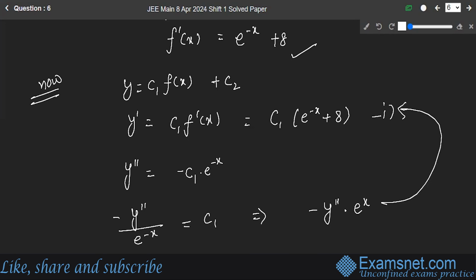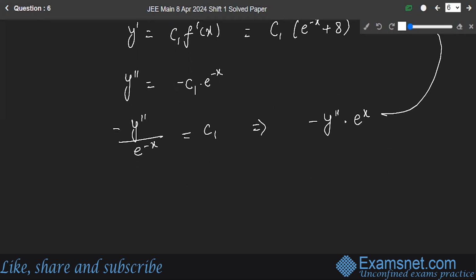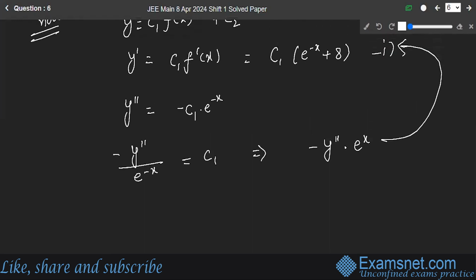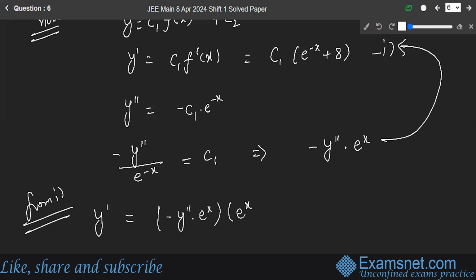Let's put this value of c1 in this equation number 1. So y dash from 1 is equal to c1, which is equal to minus y double dash into e power x into e power minus x plus 8.